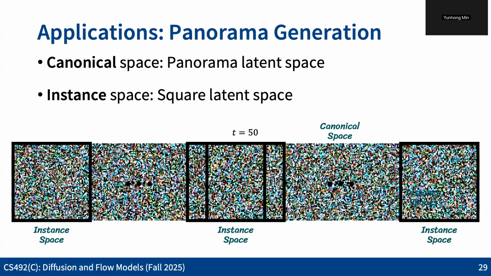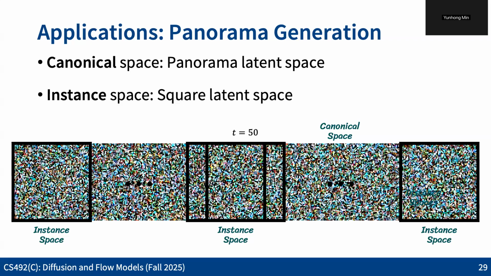So this is one example where we have a big canvas for panorama image generation, and we divide this big space into smaller spaces where we can directly generate images using the pre-trained model. Let's say this is the size that was used to train the pre-trained diffusion model, and we want to generate a much bigger image like this.